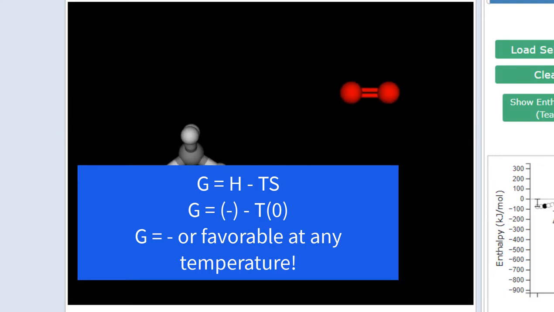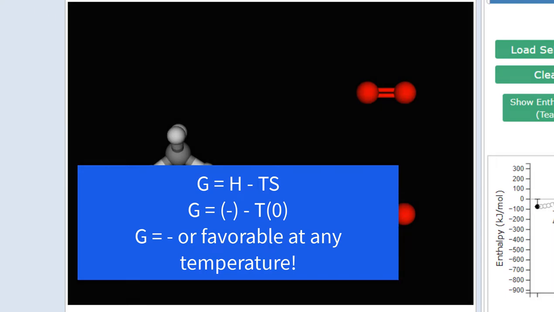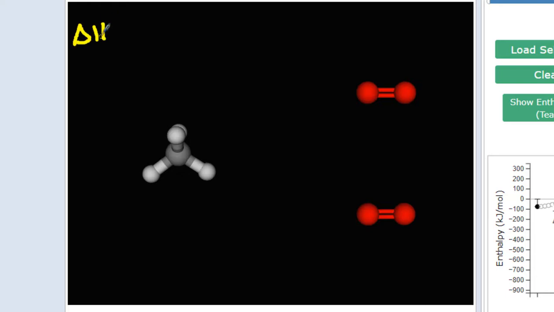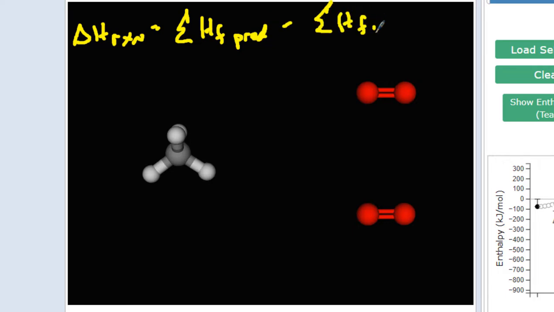We could take a look at it as the heats of formation of my reactants and the heats of formation of the products. Which, remember, using the heats of formation, the enthalpy of the reaction is we sum up all the heats of formation of our products minus all the heats of formation of our reactants. And remember, we're using our products and our reactants for that.